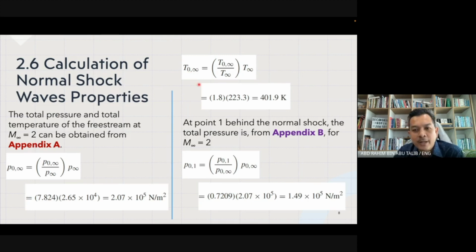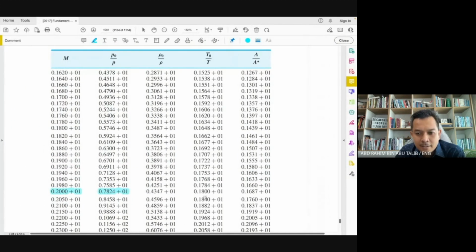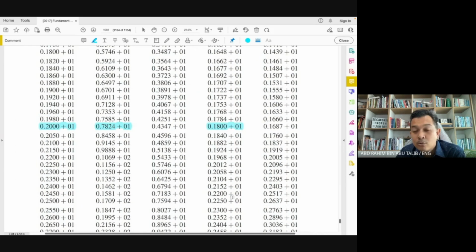Basically, you can read the value from Appendix A again, which for the free stream is 1.8. I hope you can also flip into your own textbook or soft copy of the book so that you can follow through the example.